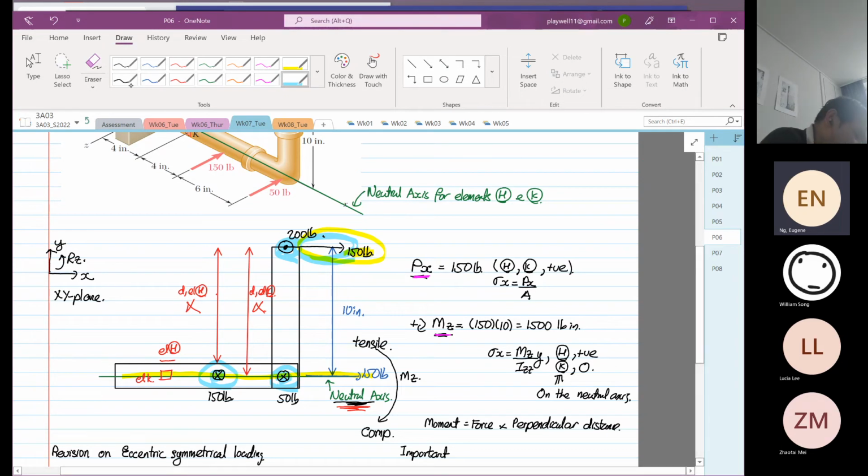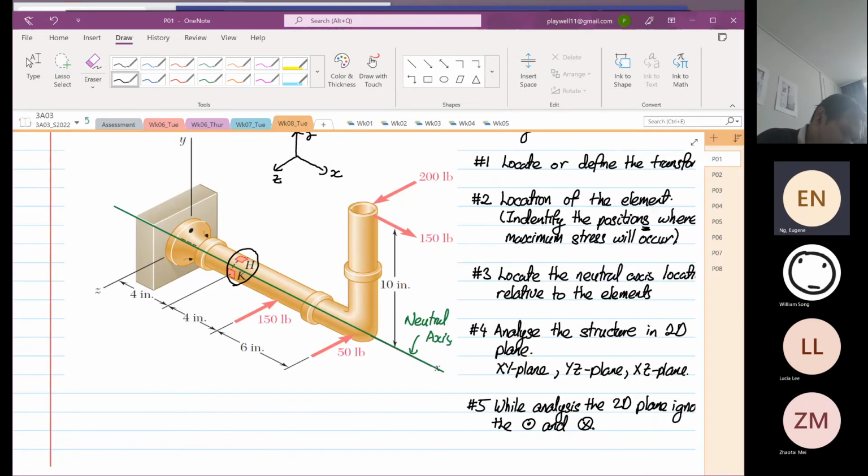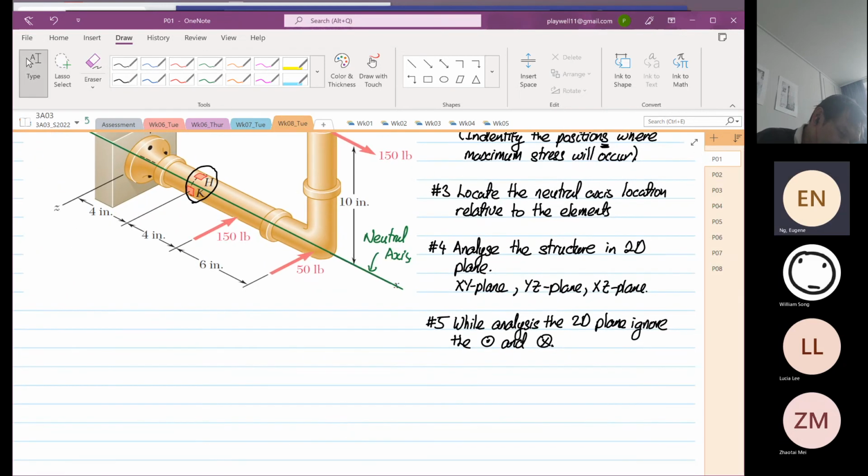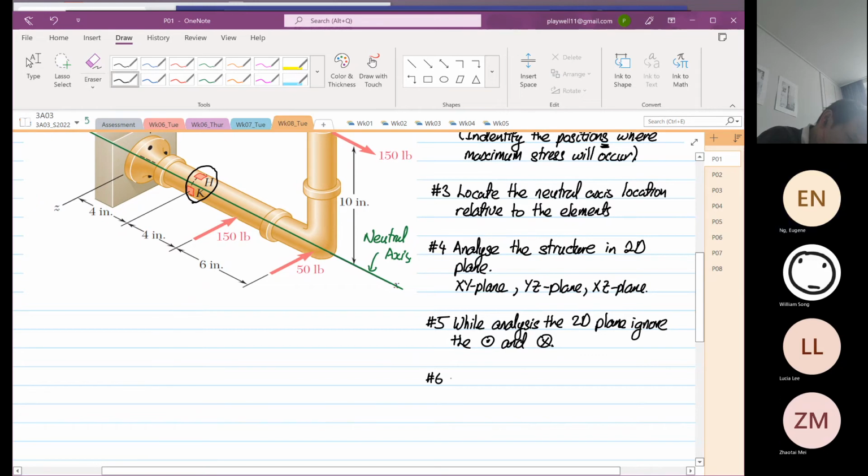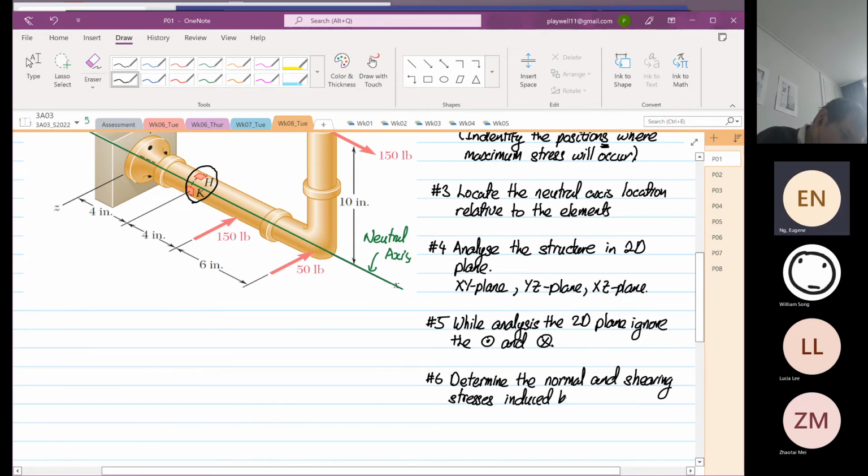And then, from here, while analyzing, we can also determine the normal and shearing stress induced by the load.